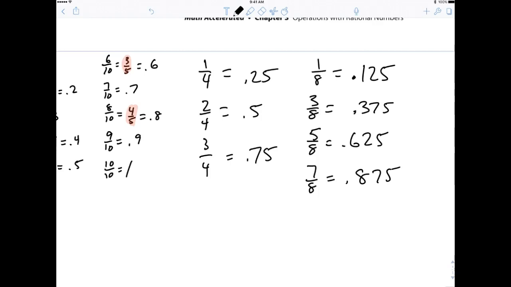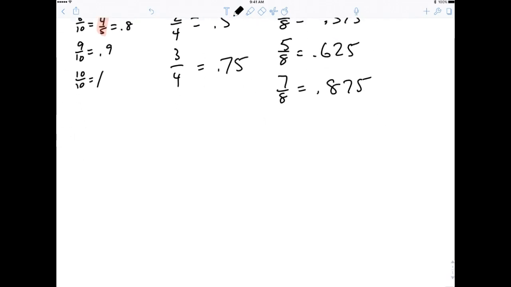Now let's say for some crazy reason I forgot that 7/8 is 0.875. Does anybody remember how we convert to a decimal? You just divide. So I'm going to show you, just in case you forgot. 8 goes into 7.0. Does 8 go into 7? No. How many times does 8 go into 70? 8 times. 8 times 8 is 64, subtract, 6.